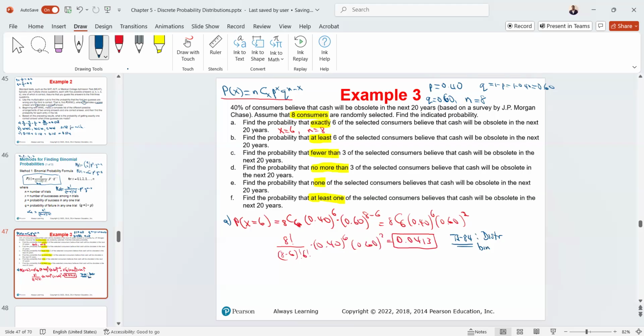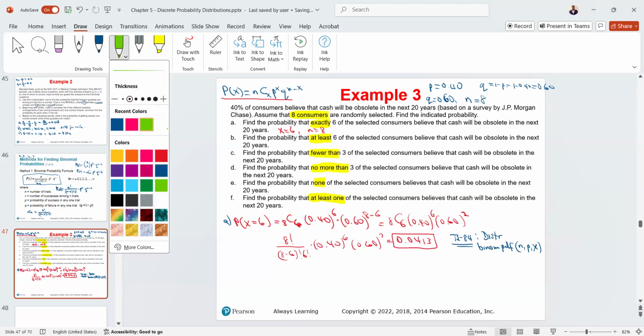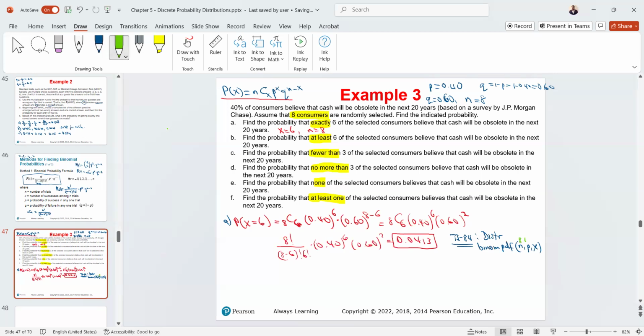You go down and you're going to see binompdf, and in the parentheses, you're going to put N, P, and X. N in this case would be 8, P to be 0.40 and X to be 6. Once you do that, hit OK. The answer would be from your TI-84. So that shouldn't be that difficult for you to do. I'm hoping you can look through it to do it.